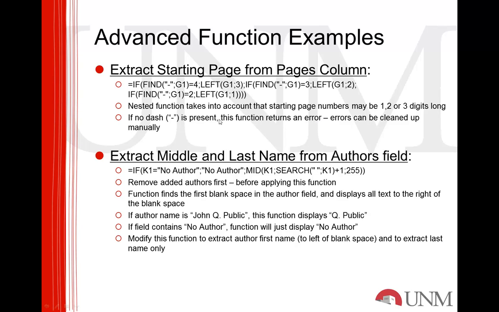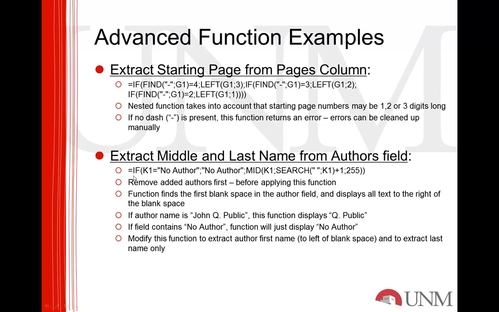It won't return many because there aren't many articles that are simply single page in length. So you can actually sort the data and clean up all of the errors by sorting them together and cleaning those up all at once.